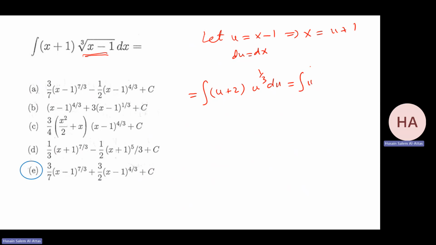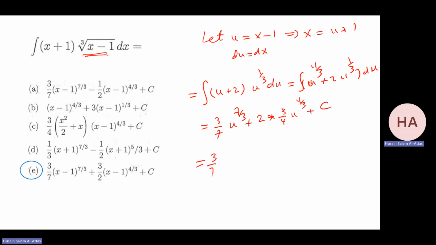That will be u to the power 4 over 3 plus 2u to the power 1 over 3 du. Add 1, you get 3 over 7 u to the power 7 over 3, plus, you add 1, it will be 4 over 3, so it will be 2 times 3 over 4 u to the power 4 over 3 plus c.